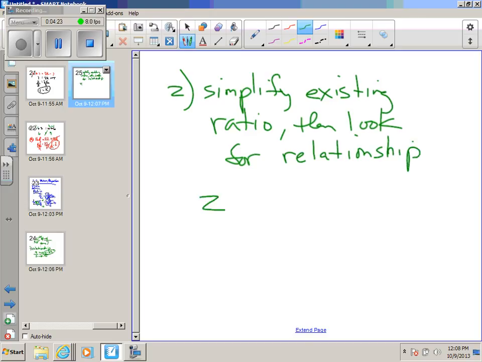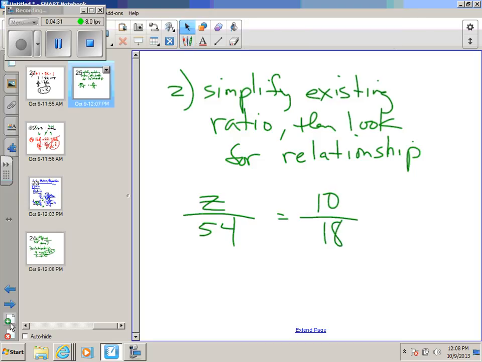For example, z over 54 is equal to 10 to 18. Is it possible to simplify? Which one is the existing ratio? Is it z over 54 or is it 10 over 18? Which one's the existing one, Marlene?